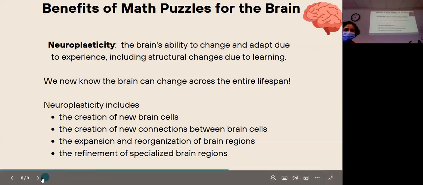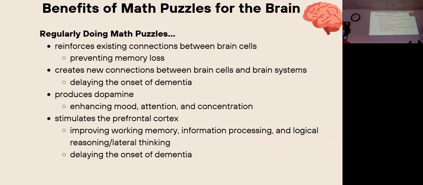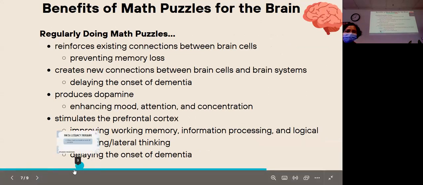And math games help us through reinforcing existing connections between brain cells, which creates new connections, delays the onset of dementia, produces dopamine, enhancing mood, attention, and concentration, and stimulates the prefrontal cortex.